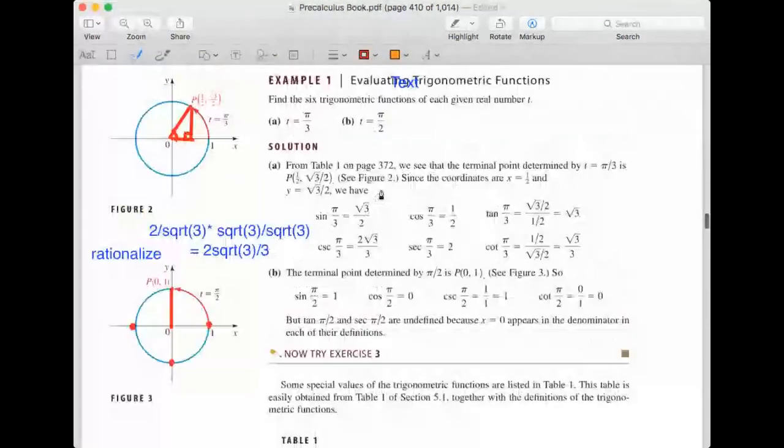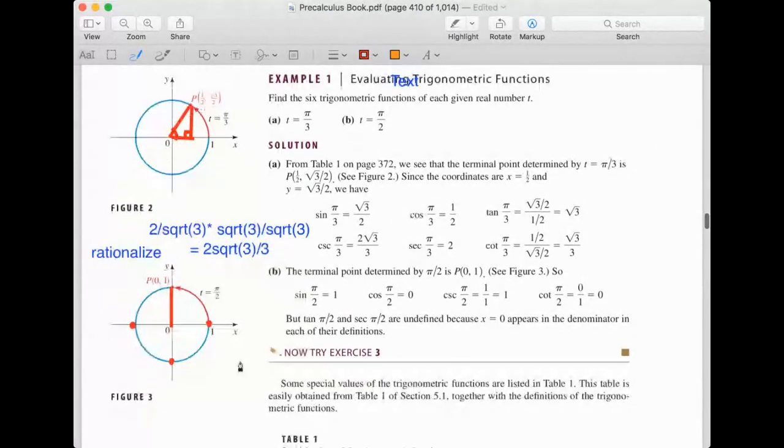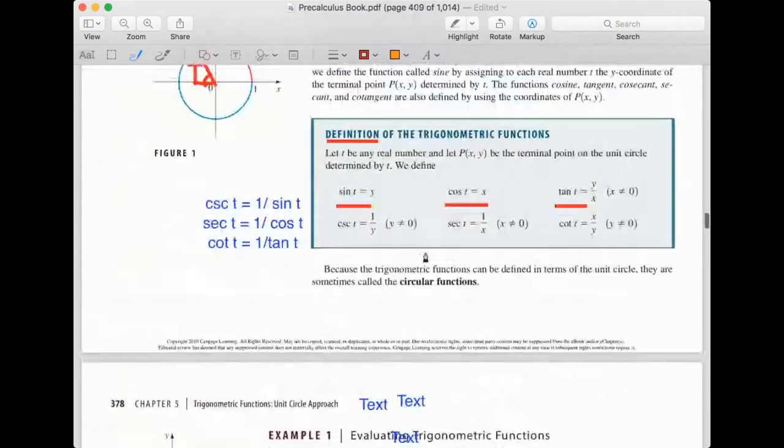So the value for pi over 2 is similar, right? But the angle is a special angle, so let's follow the definition. This point is (0, 1), so the x value is 0 and the y value is 1. Sine of pi over 2 equals the opposite, here y divided by 1, so just y.